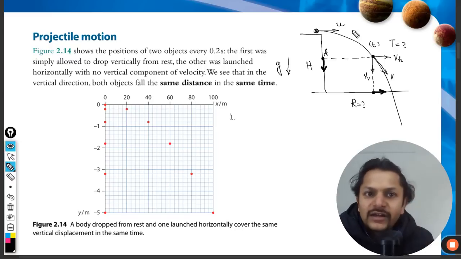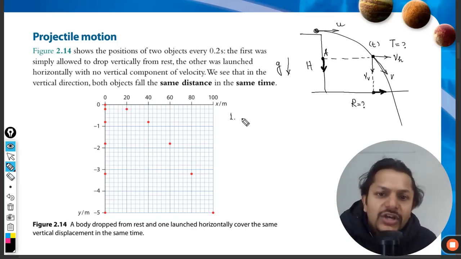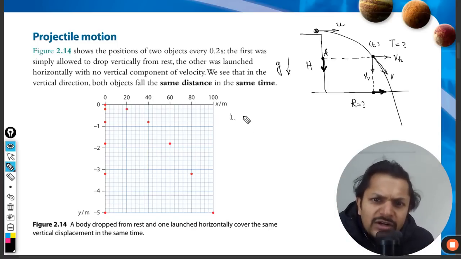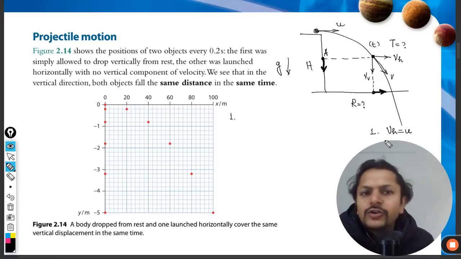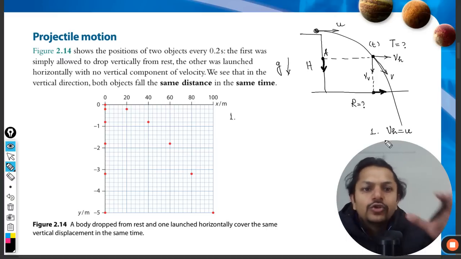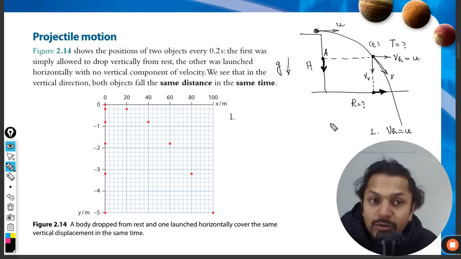Only vertical, which means that the horizontal velocity is never going to change. So the point that you can note here is that the horizontal velocity is always equal to u, whatever time has elapsed and whichever position you're talking about. The horizontal velocity is not going to change. So this is equal to u.